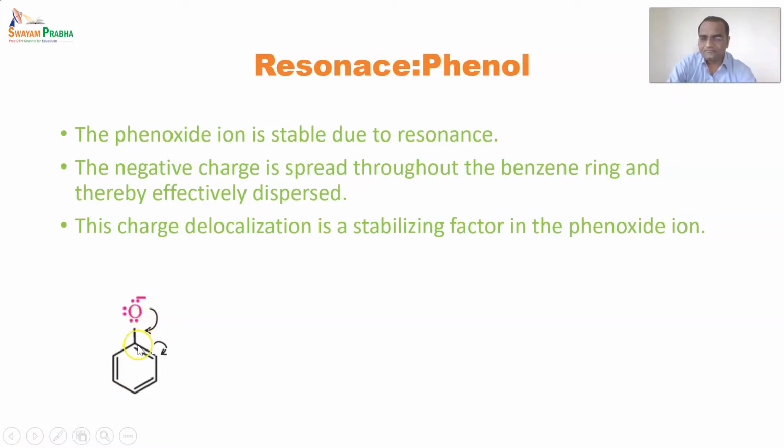oxygen and carbon. But as soon as this pi bond forms between carbon and oxygen, the next bond adjacent to the carbon in the benzene ring will break, and it will transfer a lone pair of electrons towards the carbon, and now the carbon becomes a negative center.